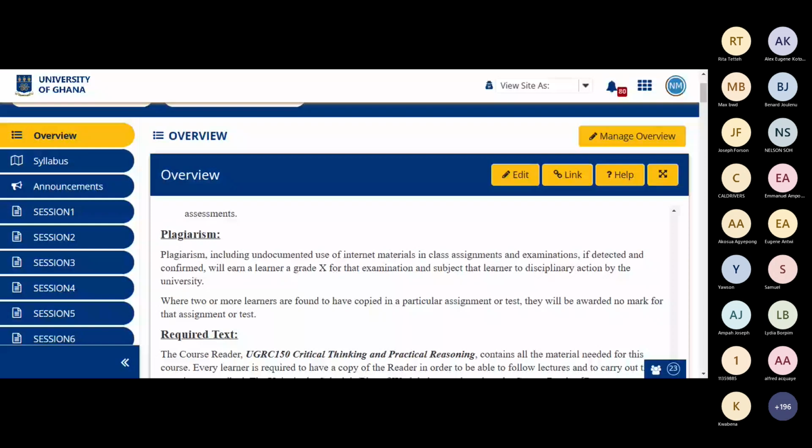Plagiarism, including undocumented use of internet materials in class, assignments, and examination, if detected and confirmed, will attract a grade X for that examination and subject that learner to disciplinary action by the university. Where 2 or more learners are found to have copied in a particular assignment or test, they will be awarded no mark for the assignment or test. Amen. Thank you very much, Austin.